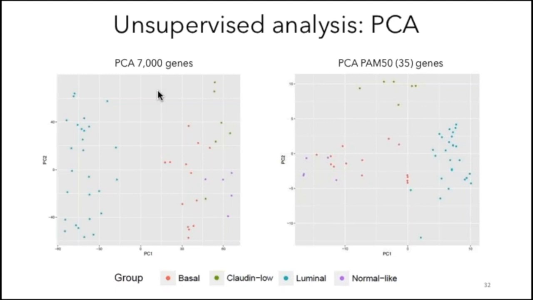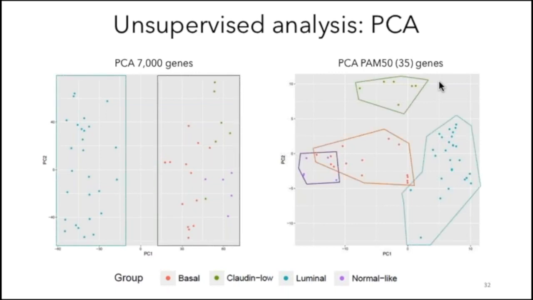So for example, if I will take 50 genes from PAM50 panel, my plot became better. Here you see some 3 groups. Actually, we don't see 4 groups because PAM50 panel is not aimed to our 4 groups, but here are 2 groups which are highlighted.